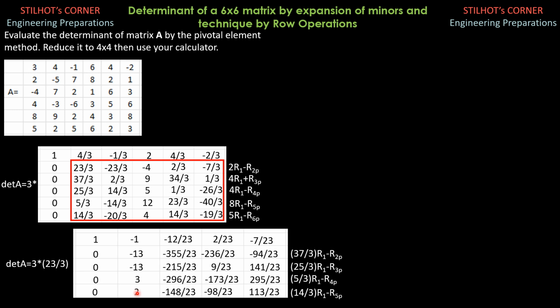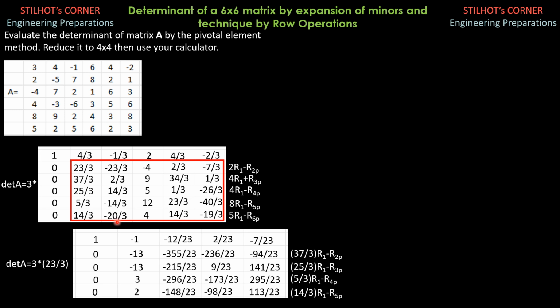And this is 2. So let's check 2. I'll check 2, and I want you to check the rest of the elements. So 14 over 3 times negative 1 is negative 14 over 3 minus negative 20 over 3 is plus 20 over 3.